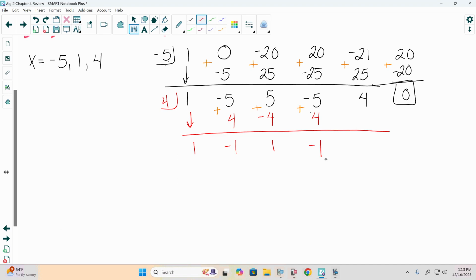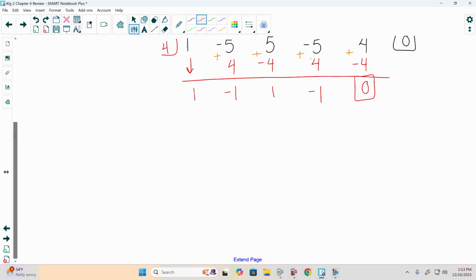And negative 5 plus 4 would be negative 1. And lastly, 4 times negative 1 is negative 4, and 4 plus negative 4 is indeed 0, yes? Well, that's what we expected because the graphing calculator already told me that 4 is a solution.